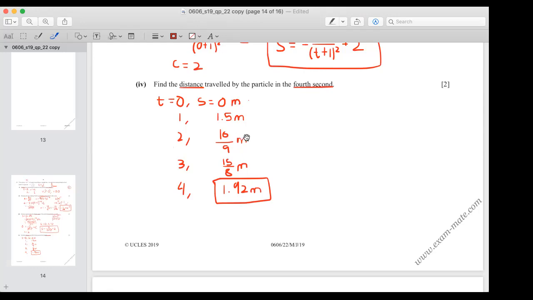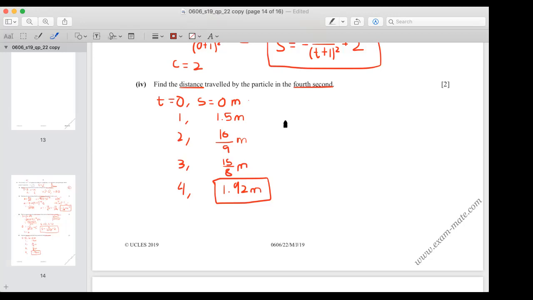We don't go back, so we don't really need to count the difference between these since we move forward. So this is the distance that we travel. And the displacement continues ascending. So in the end, this is our answer. It is finally at 1.92 meters.